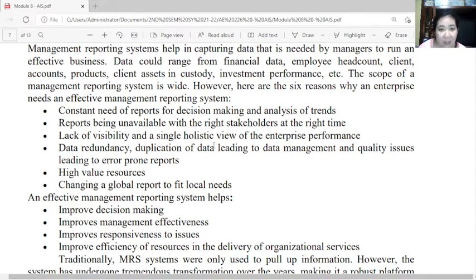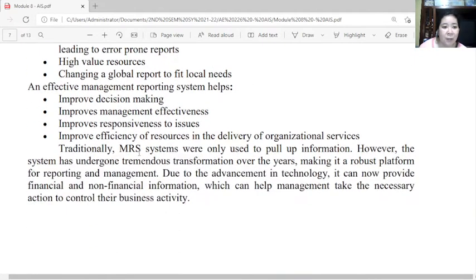So to address this dilemma, again, an effective MRS should be implemented. Therefore, an effective MRS will help improve decision making, management effectiveness, responsiveness to the issues, and also improve efficiency of resources in the delivery of organizational services. That's why MRS is very important.